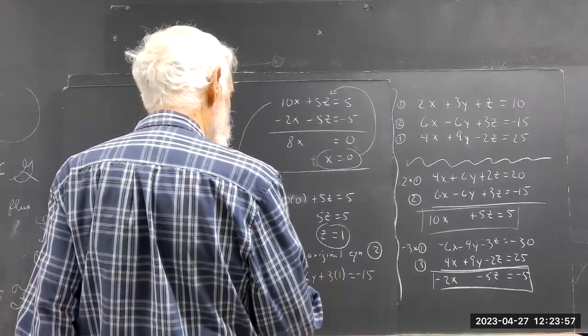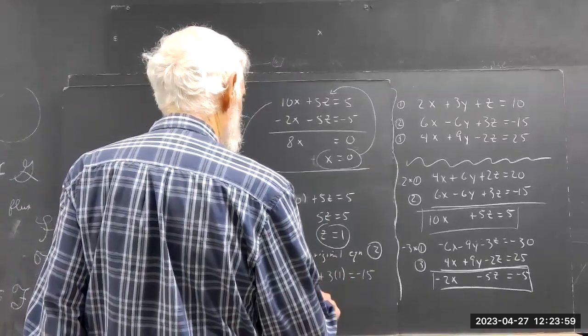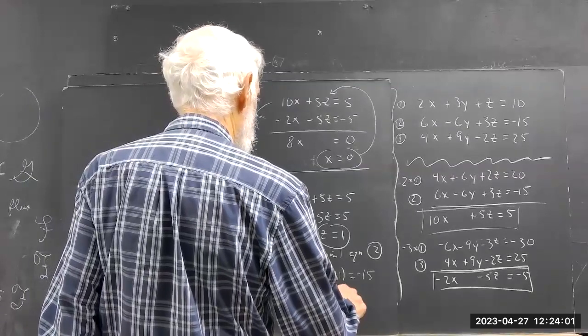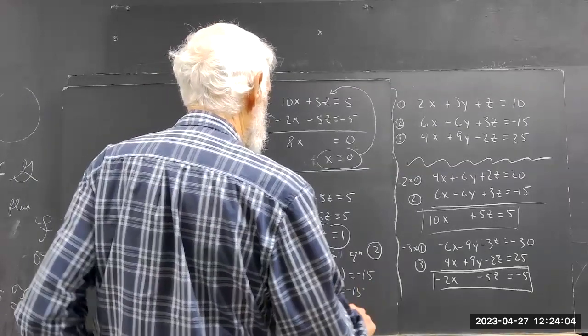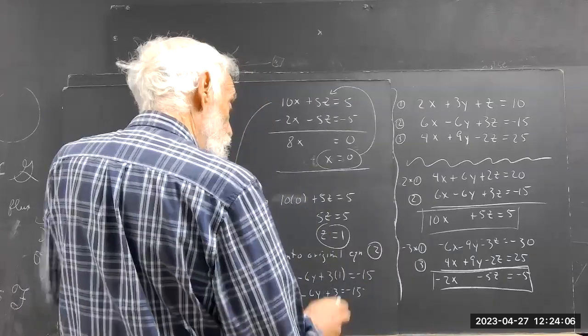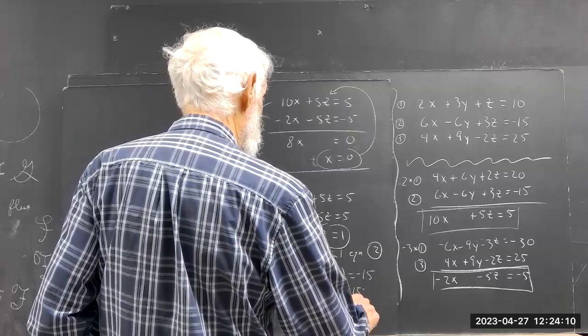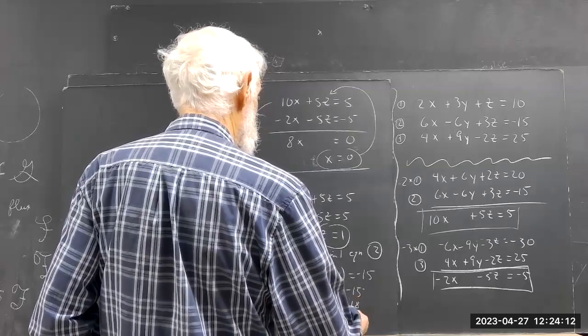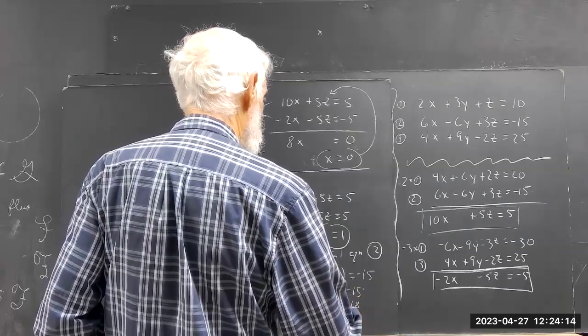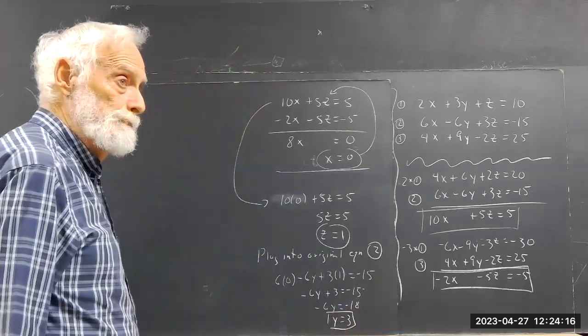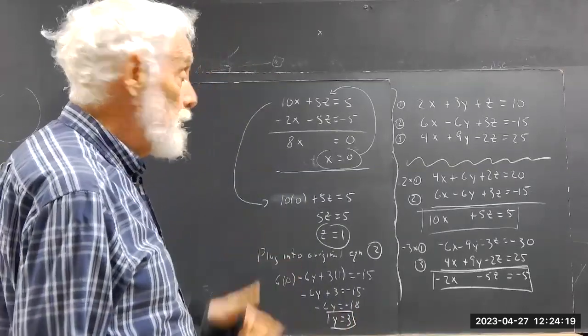Well, this gives me 0. So I get minus 6y plus 3 equals negative 15. I add negative 3 to both sides. I get negative 6y equals negative 18. Divide both sides by negative 6. I get y equals 3. So there's my solution.